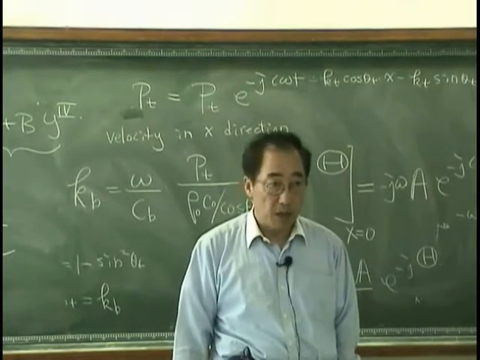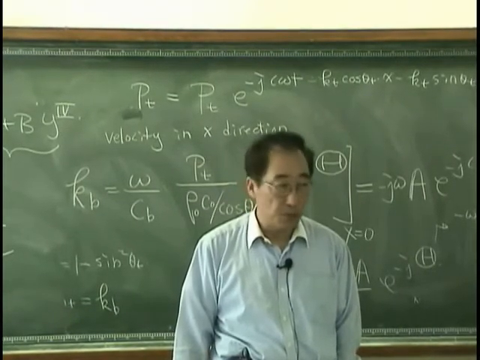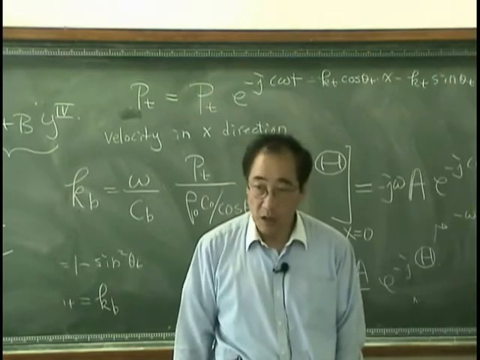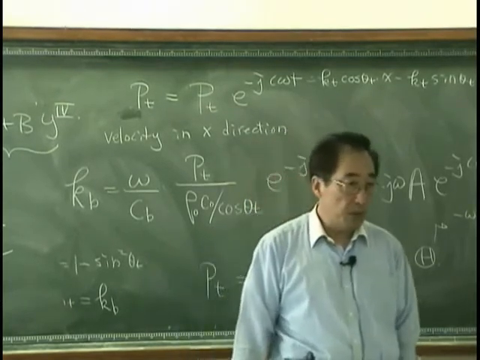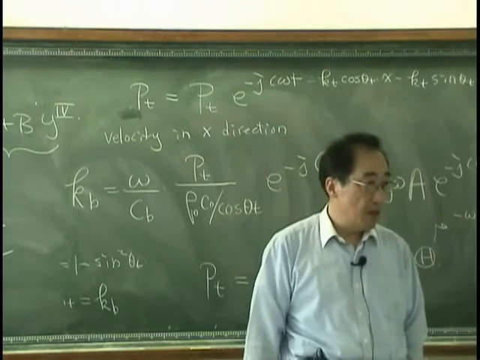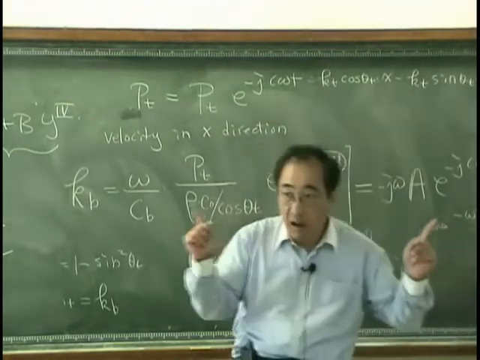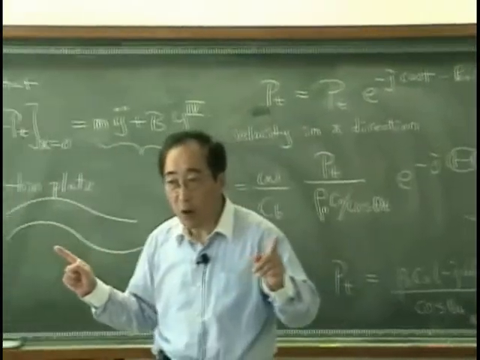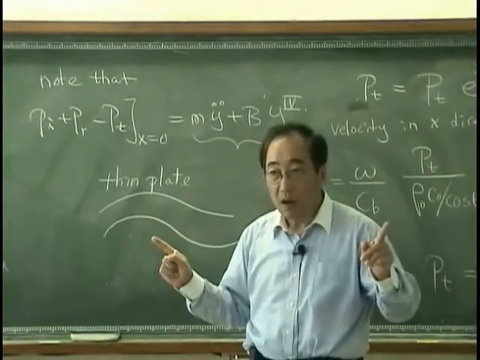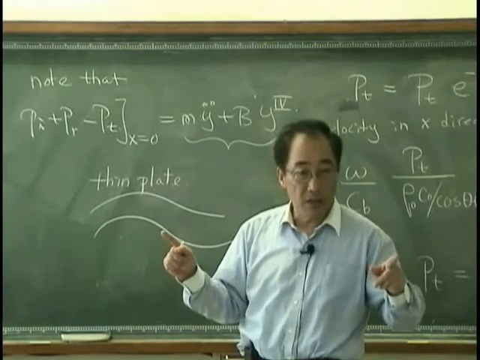The thin plate means that the plate has to be less than 1 meter. What does it mean by thin plate? Huh? Small compared with the wavelength. That's a good point.